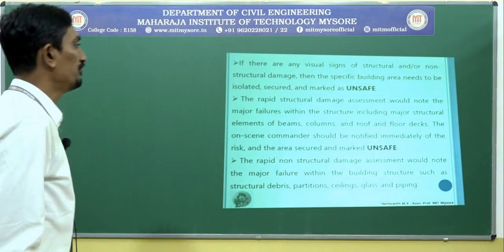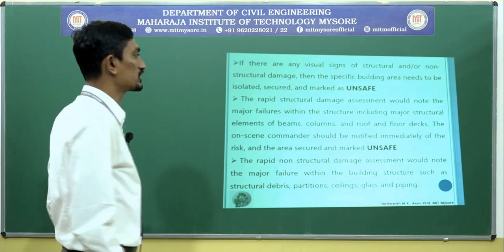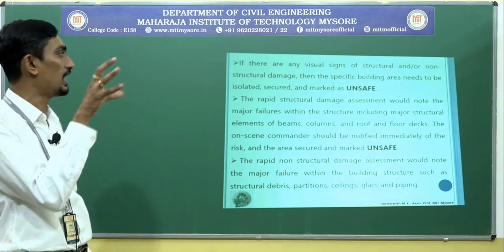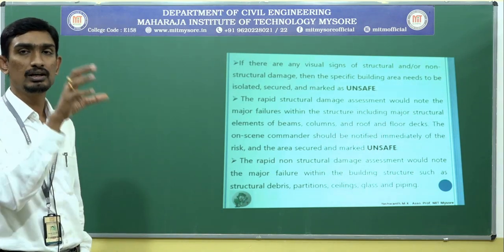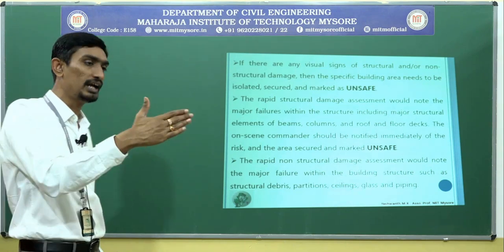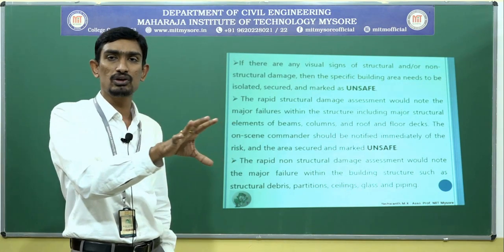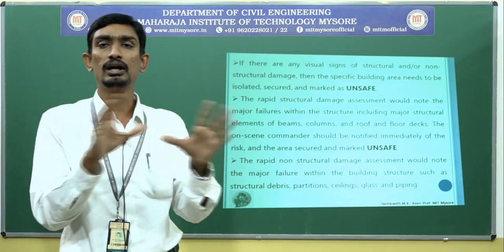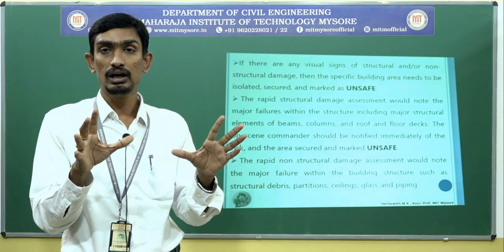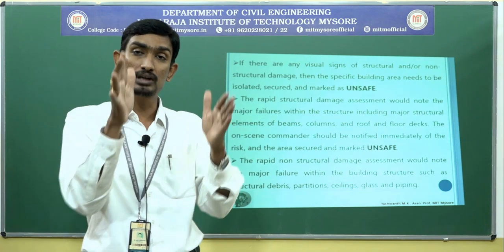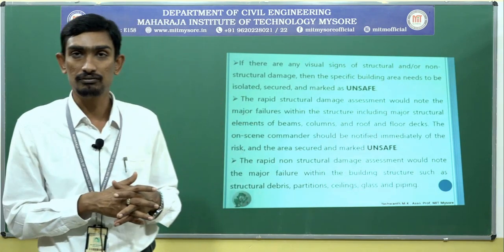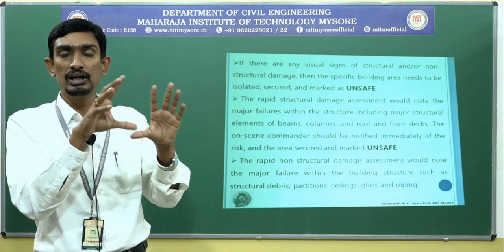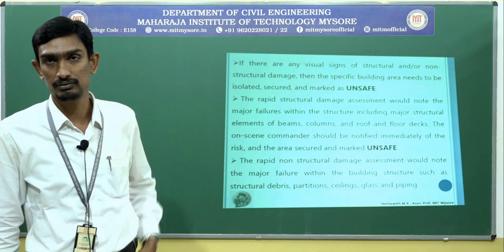If there are any visual signs of structural and non-structural damage, that means you can visualize the damage, then that specific building or area needs to be isolated. For example, in that building, one particular floor you cannot enter, it is not safe, or in one particular floor some area is not safe. So you need to post the signage that it is unsafe.